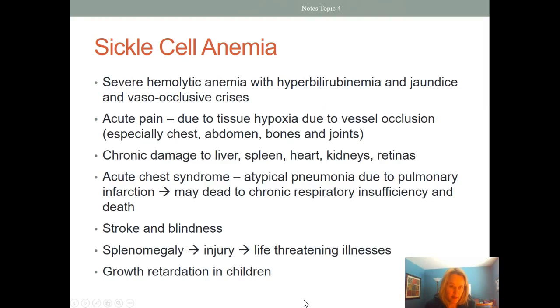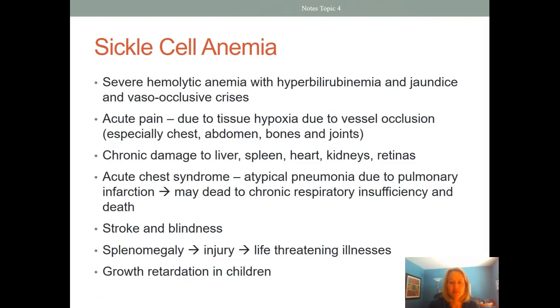Okay, so let's talk about some of the manifestations and complications. So severe hemolytic anemia is going to result in hyperbilirubinemia, so high bilirubin in the blood, and jaundice, and vaso-occlusive crises, so where we're blocking blood vessels, and this can cause acute pain due to tissue hypoxia, especially in the chest, abdomen, bones, and joints.